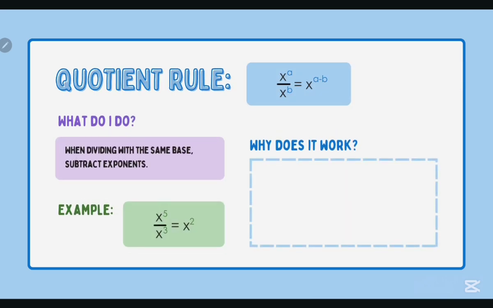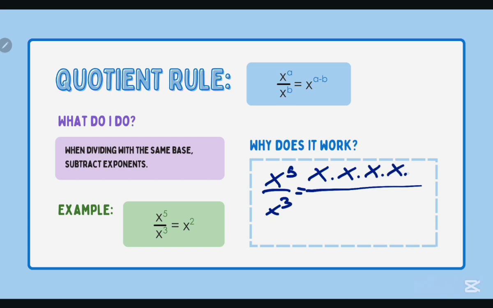Quotient rule. If the bases are the same, we should subtract the exponents when dividing. Let's look at why it works with an example. X to the power of 5 over x to the power of 3. We can write it as x times x times x times x times x, and x to the power of 3 as x times x times x.